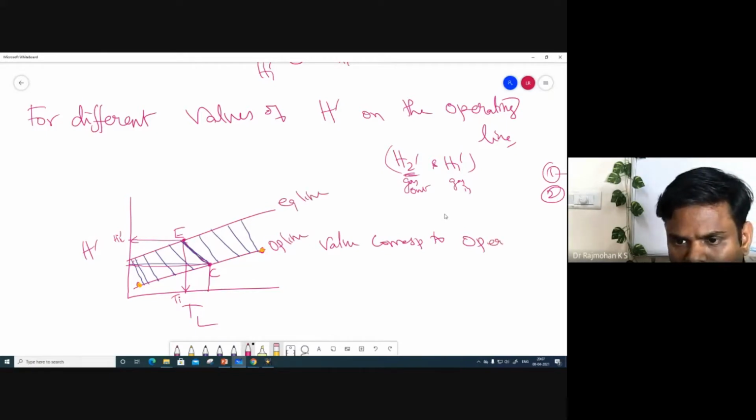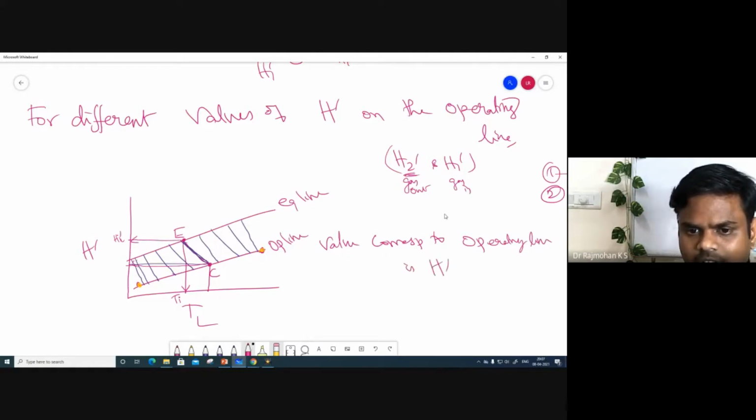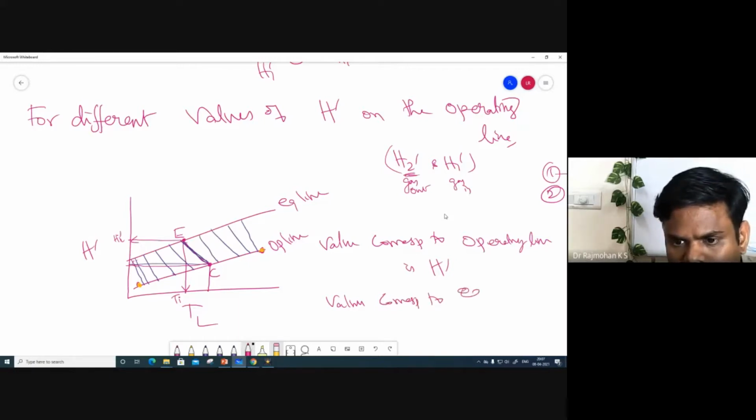The value corresponding to the operating line is the H dash value, and the values corresponding to the equilibrium line are your HI dash values.